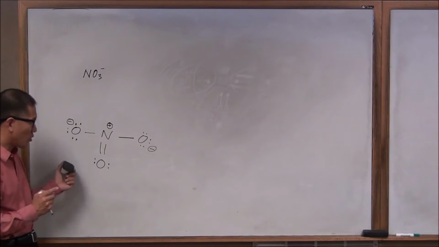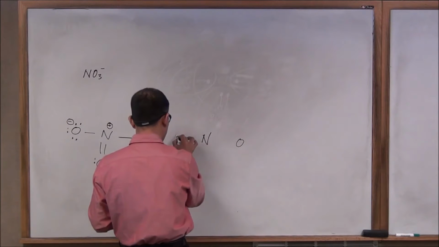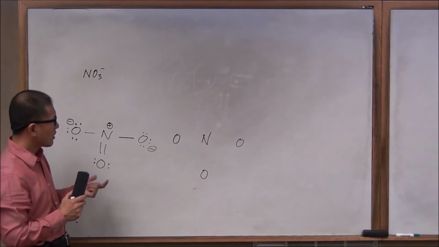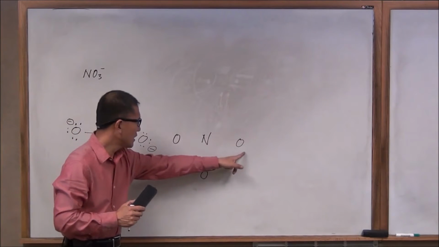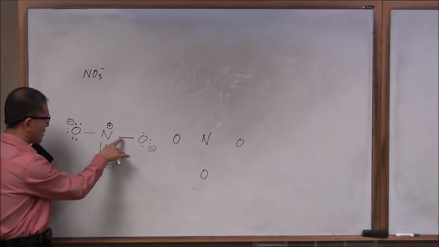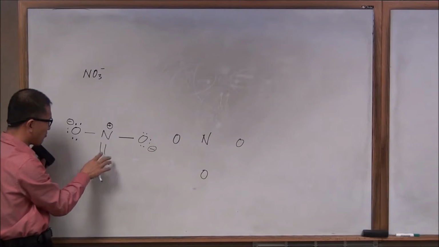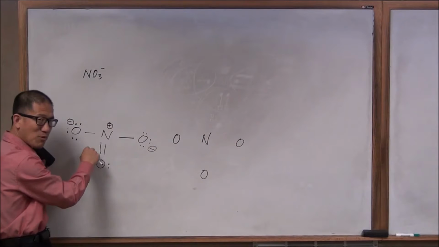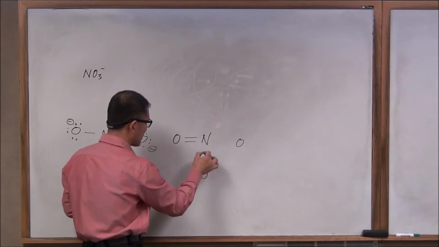So here is what we do. You put down all the atoms in exactly the same location, and then you move the bonds around first. So this is single, this is single, this is double. When you move the bonds around, you can change this one to double and this one to single. The total number of bonds still remains the same. So it will become this.